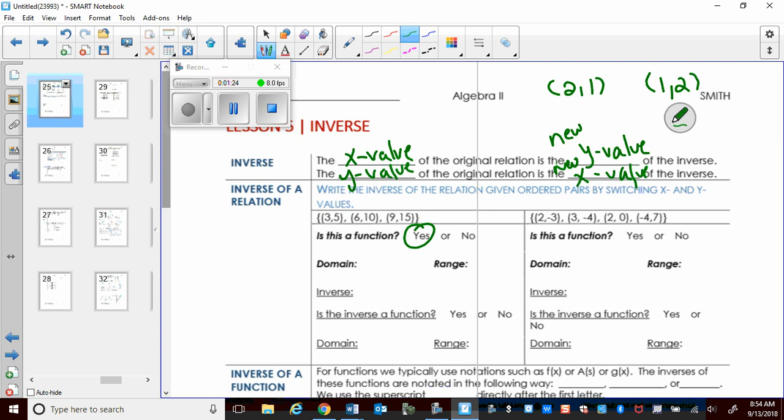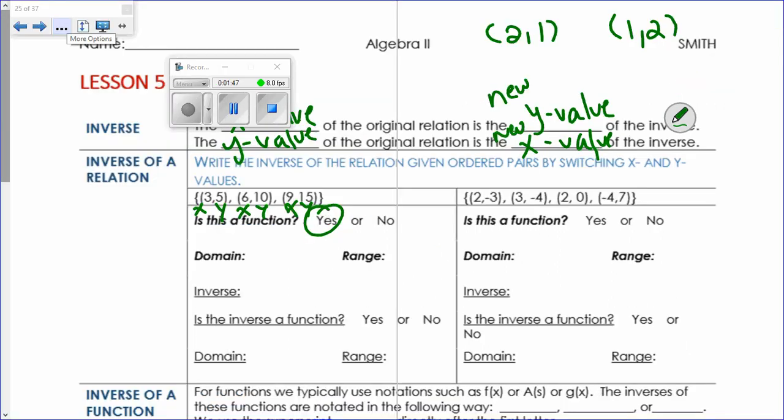All right. Then they ask you for the domain. If you're struggling with domain, just label your points: x and y, x and y, x and y. We rarely do set notation for individual points, but: open curly bracket, x bar, x equals all my x values, 3, 6, 9, close the curly bracket.